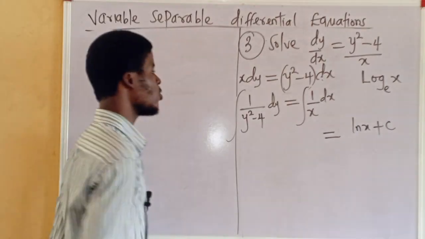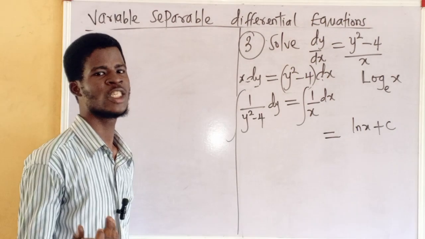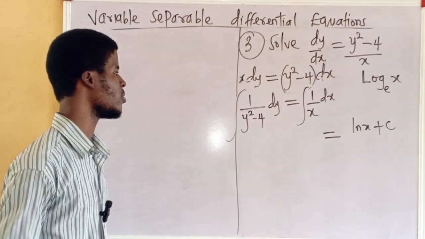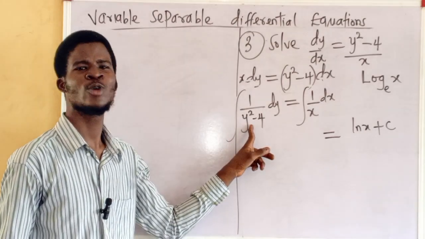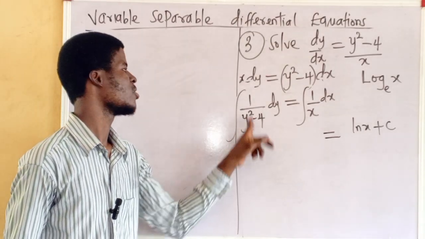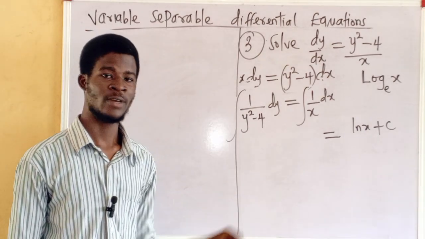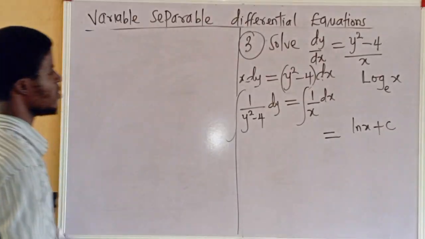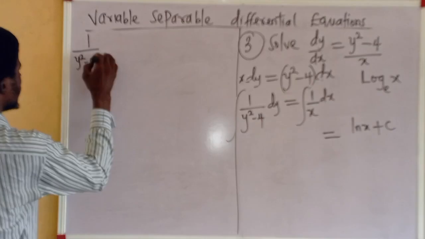Good. So let us now integrate 1 over (y squared minus 4) with respect to y. To integrate this, I will have to break it down into partial fractions. So let us decompose it and see. 1 all over y squared minus 4.